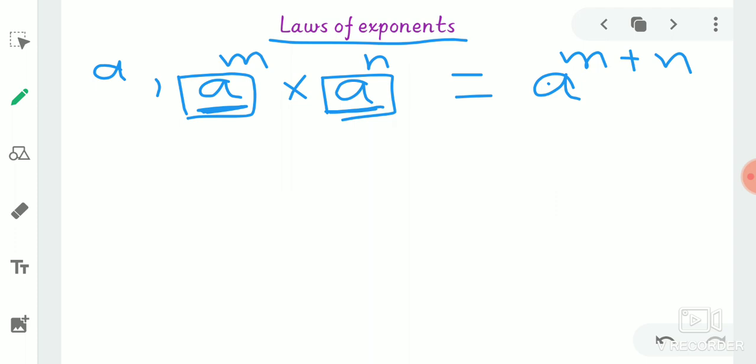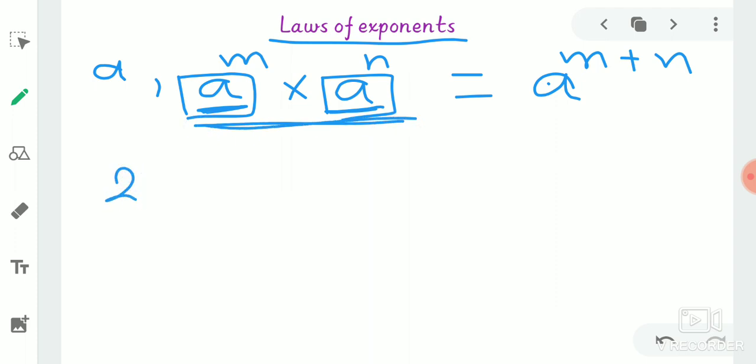Let us see if this law applies on negative exponents also. First of all, we will take an example of what we have learned in the previous class.